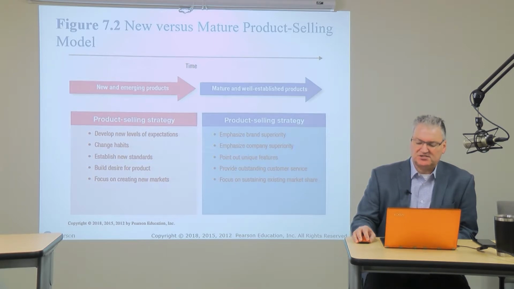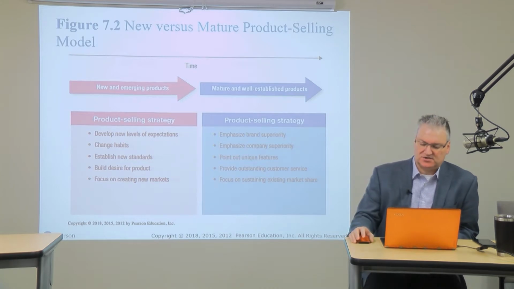A relationship strategy is often critical in selling mature and well-established products, given the presence of intense competition out there with new products. New and emerging products selling strategy points are shown on the left here, on the screen. Mature and established product selling strategies are on the right-hand side of the screen.